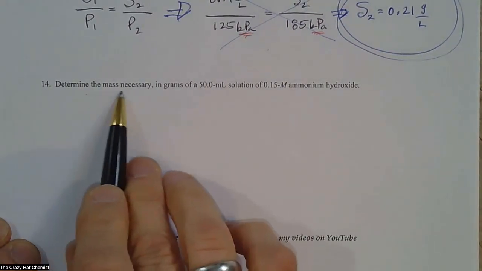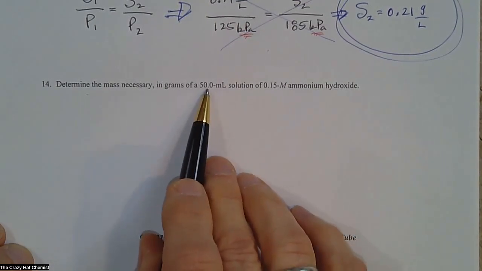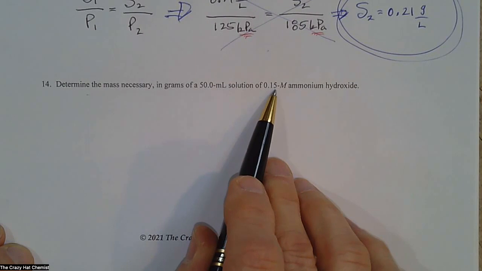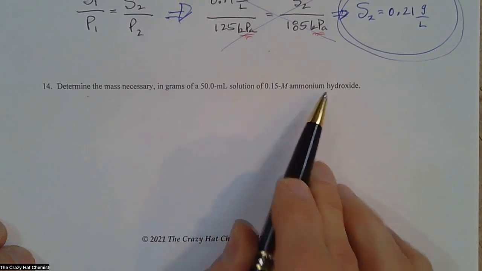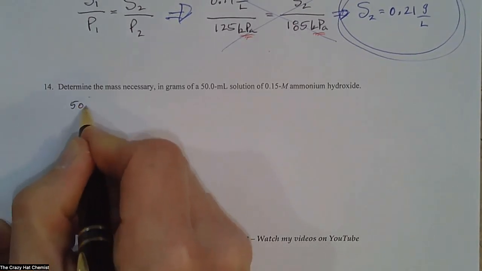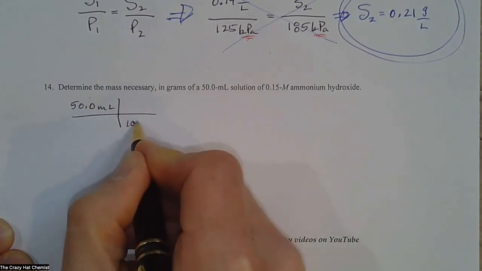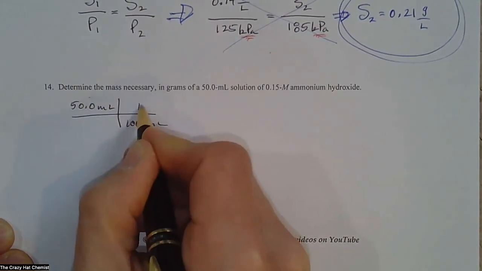Problem 14 says determine the mass necessary in grams of a 50.0 mL solution of a 0.15 molar ammonium hydroxide. So we have our molarity again. And so we're going to do this. We're going to say 50 mL, trying to do these a little bit differently each time. 1,000 mL is equal to 1 liter.